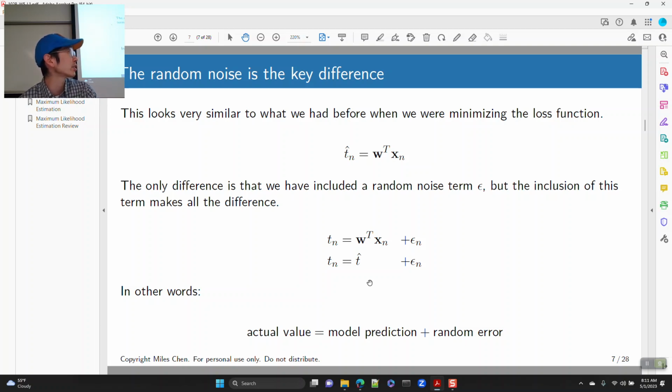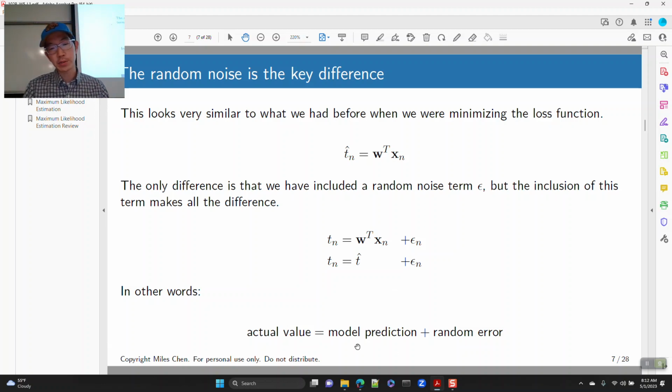So in linear regression, we were just saying, okay, we just need a way to figure out our predictions, and we want to minimize the distance between the predictions and the actual values. Okay, but now in this maximum likelihood approach, we're saying, okay, we have predictions and we have errors, and the goal is no longer to minimize the distance between this and that, but now we are trying to maximize, if we take into account the different error values we see, how do we maximize the probability of these error values that we've seen?